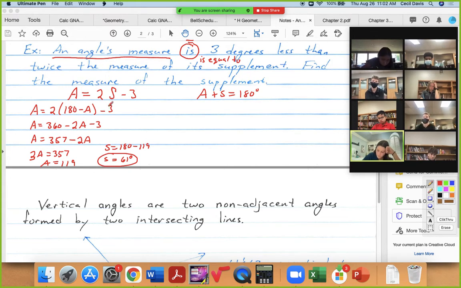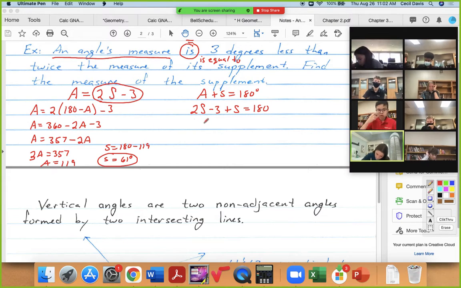Then what I'll do is I'll fill in the angle with all of this from my first equation. So it'll be 2S minus 3 plus S is 180. Group the like terms, and we'll have 3S minus 3 is 180.